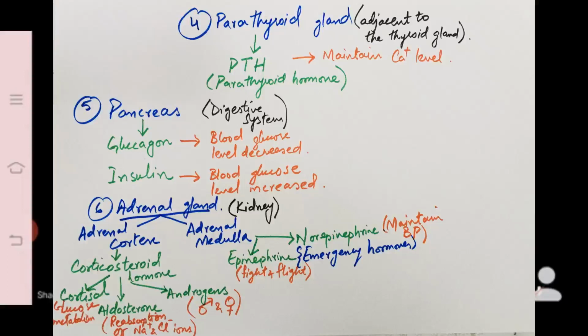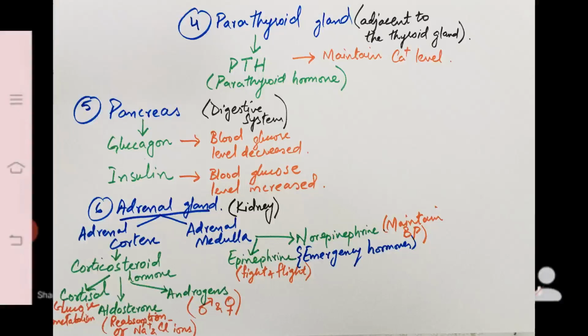It is present adjacent to the thyroid gland in your neck, right? Parathyroid gland secretes PTH, the full form of which is parathyroid hormone.